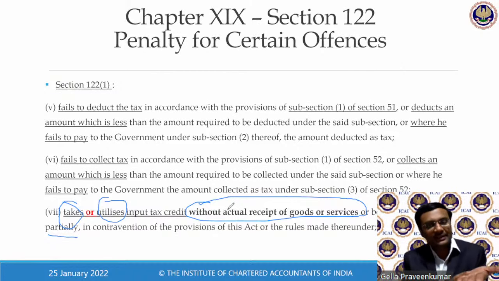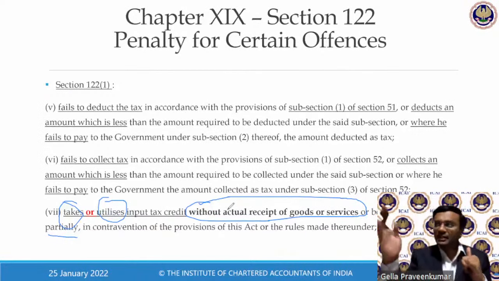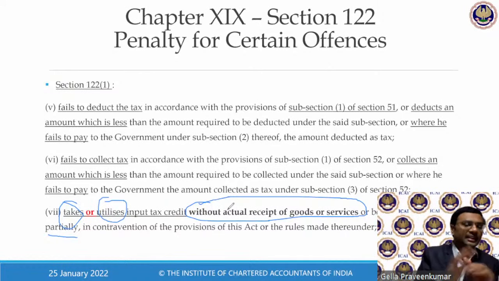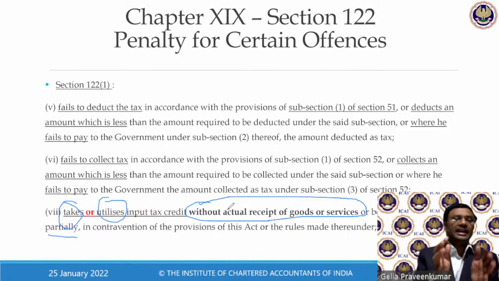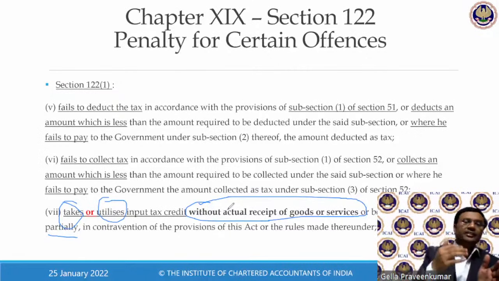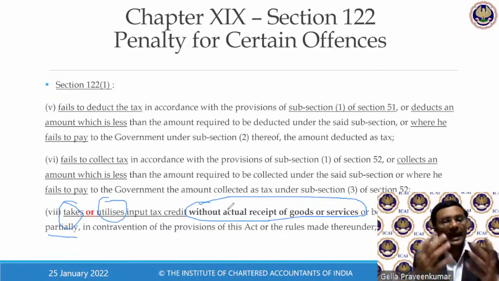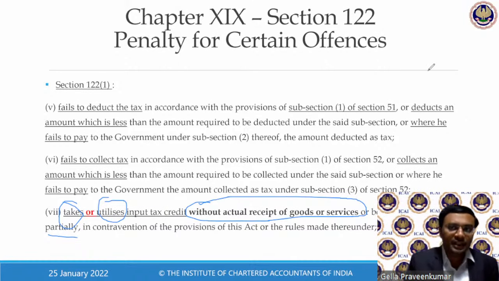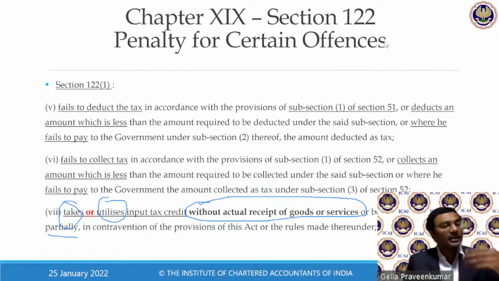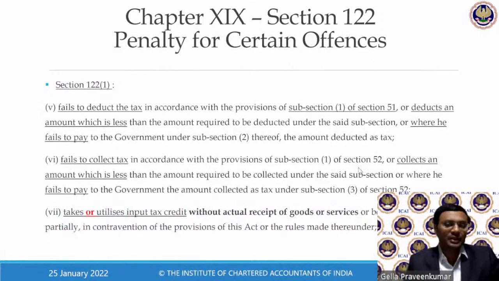Is it ex-works? Is it CIF? If it is an ex-works transaction, the moment material crosses the factory gate, that is good enough for me. If it is a CIF transaction, until the factory gate of mine, the receipt didn't happen. This is how we need to interpret when the department draws your point of contention, availment or utilization without actual receipt of goods or services.